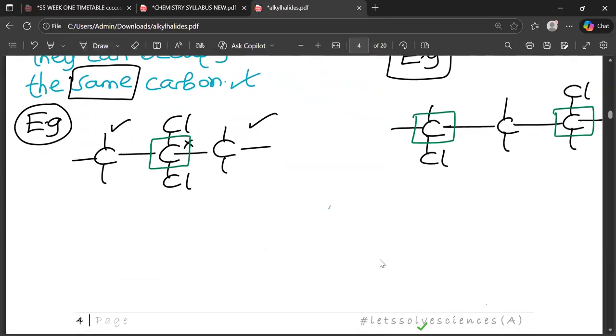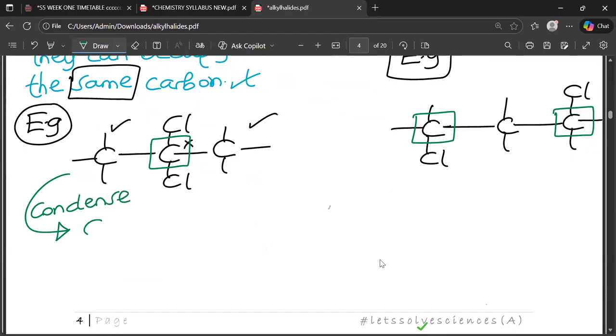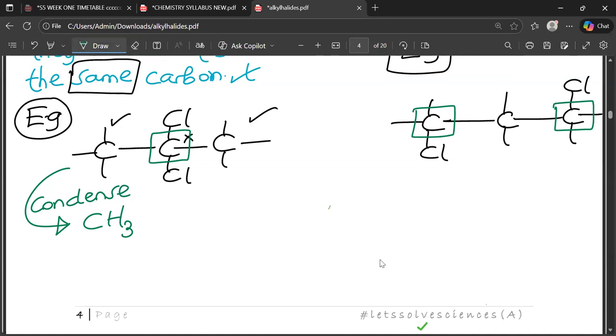Now, if you're to condense, those who have been with me for some time know what I mean by condensing. To condense, I'll put here the first carbon has 3 hydrogens, so it is CH3. The middle carbon has no hydrogen, so I'll write C, then I write the Cl2 as well. Then the last carbon has CH3. So that's how we condense.